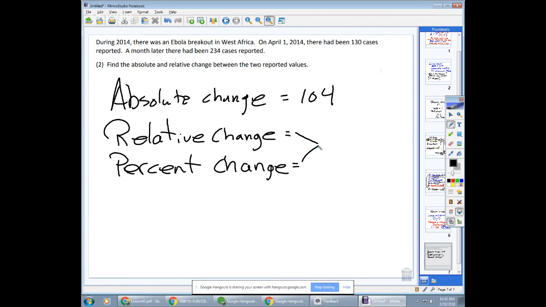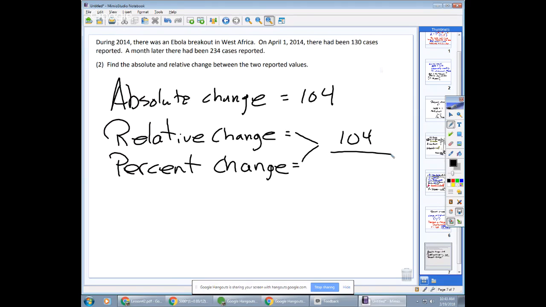Do what with 104? Divided by 234. No, not 234. By what? 30. Nope, not 30, 130. 130. Yeah, always divide by the original amount.